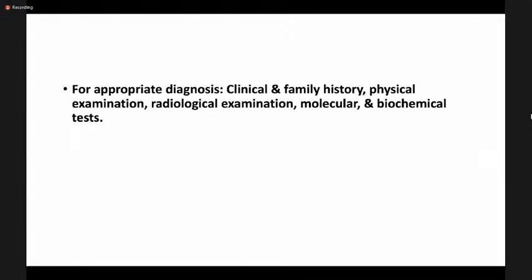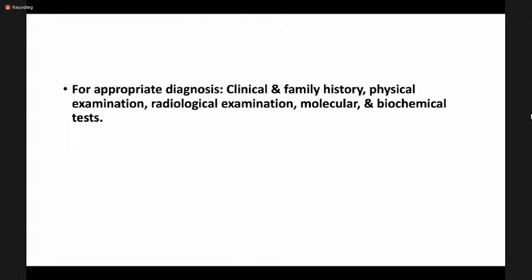So there is the history. Then you're going to examine the patient clinically. You also need to find out about the family history, as to whether there is. But you realize that actually majority of them, you may not even get somebody in the family who has suffered from this.